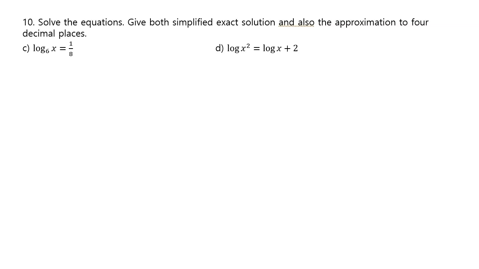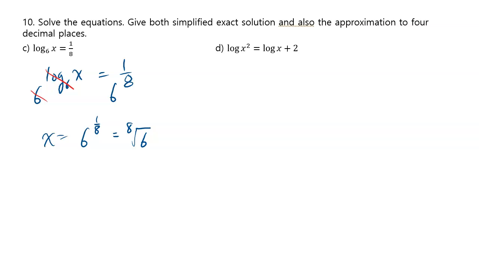Alright, so you have log base 6 of x equals 1/8. To get rid of this log base 6, you raise 6 to the power of both sides, and then these two cancel, and you end up with x equals 6 to the 1/8 power. So this is fine as an answer. If you want, you can rewrite this as the 8th root of 6.